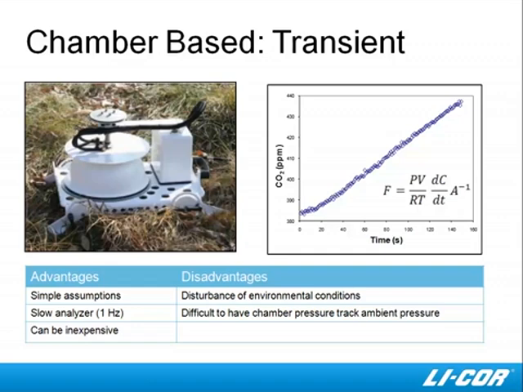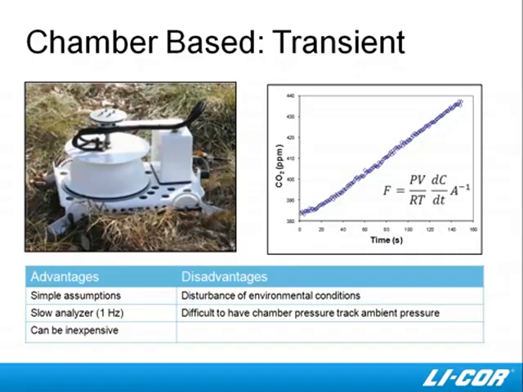And you measure the change in CO2 concentration in the chamber headspace over time. If you take the slope of this curve, the dC/dt term in the equation shown here, and you know chamber volume and pressure during the measurement, temperature during the measurement, and area, you can compute a flux.